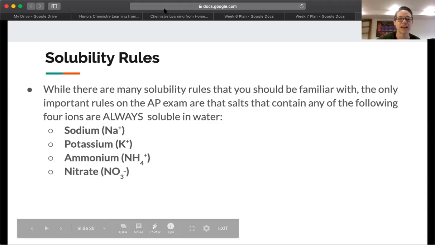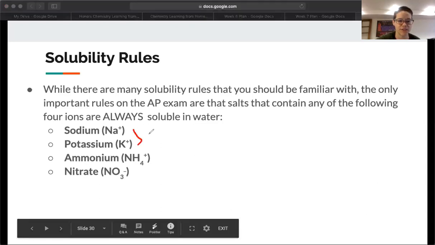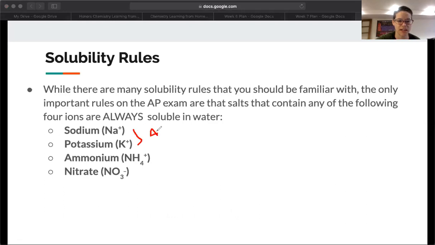And really, these are any of your alkali metals, right? But the most common ones we end up seeing are sodium and potassium. I suppose they could throw in a rubidium or a lithium, but for the most part, sodium and potassium. So your alkali metals, never going to make solids, your ammonium and your nitrate. So those are the things that we're looking for there. That makes that easier.